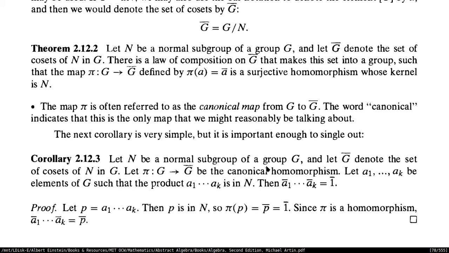But since pi is a homomorphism, you can apply it individually to each element a1 till ak, and you'll get the product equal to P bar.